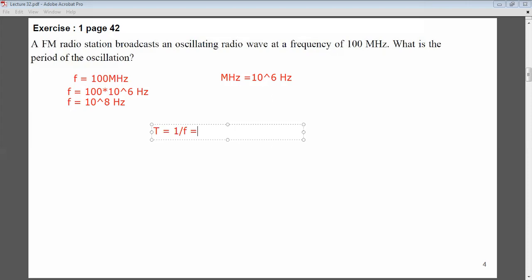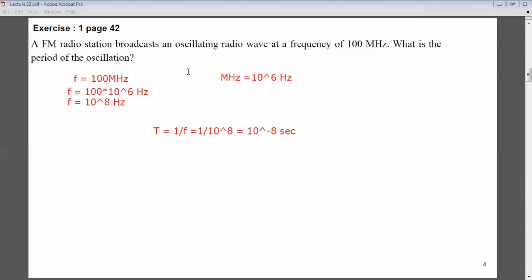So T equals 1 over f, equals 1 over 10 power 8, which gives me 10 power minus 8. The unit of the period is seconds, because the frequency is in hertz.